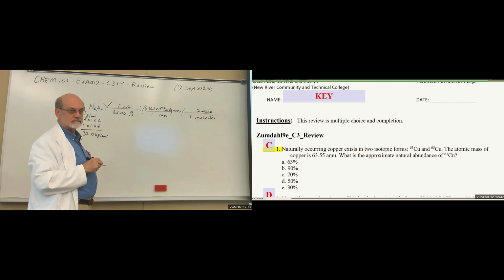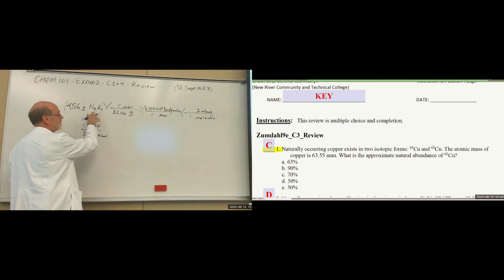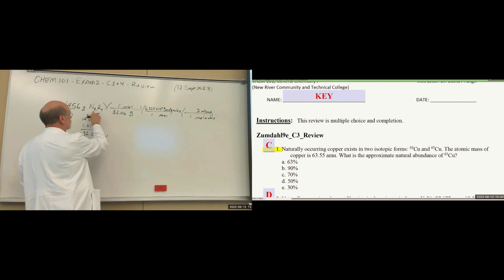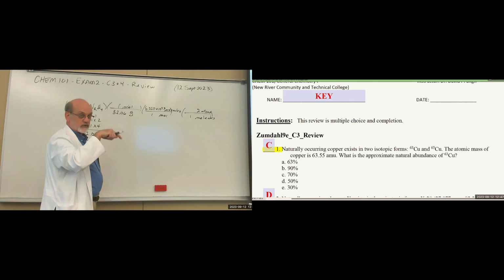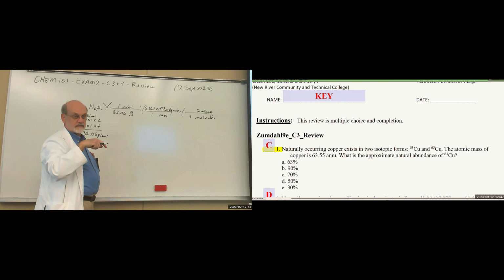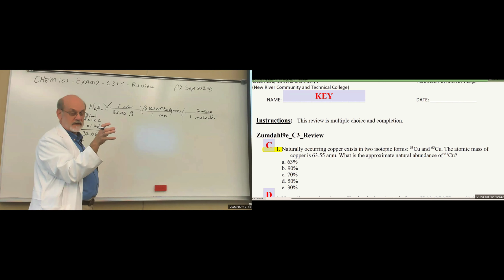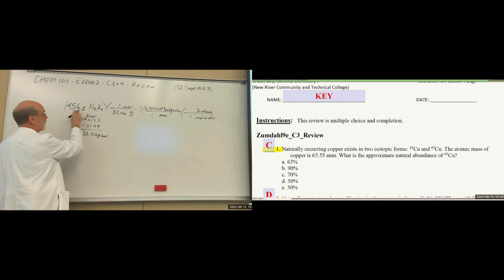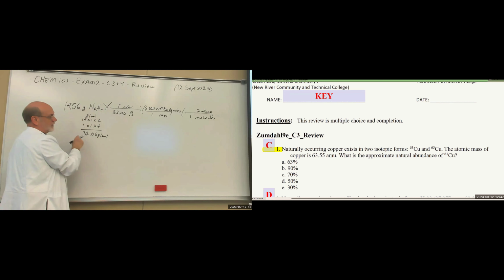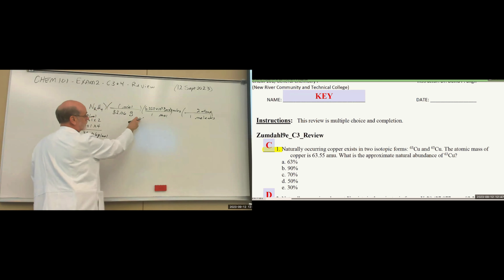When you calculate the number of moles of the compound, you haven't drilled down into the number of atoms yet. You're only talking about the number of moles of the compound. This tells us the number of moles of compound. And this takes us to the number of moles of atoms. You could do that first.